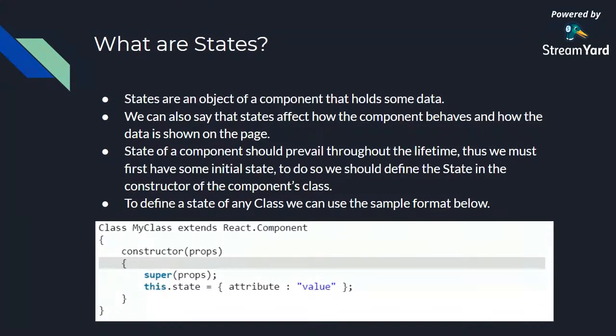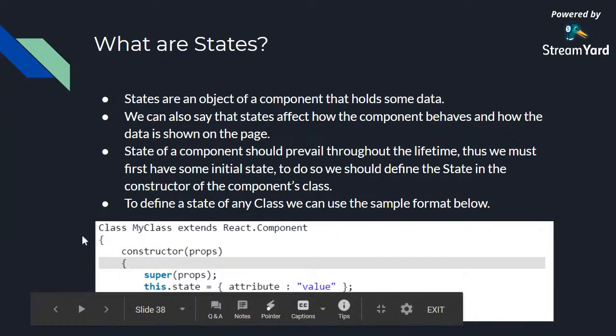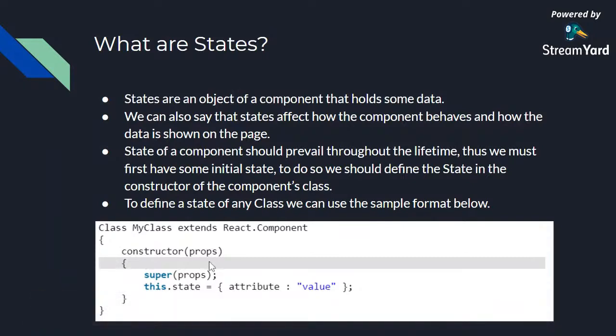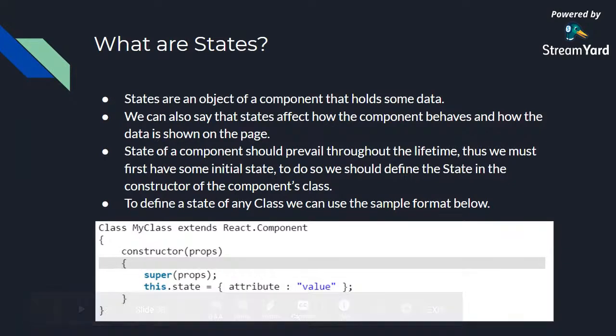So as I said earlier, the state acts as a variable of a particular component. This is how you add a class component to your React project. This is the constructor of the class. As we know, in Java we have a constructor. Whenever a class gets executed, this particular constructor will run.